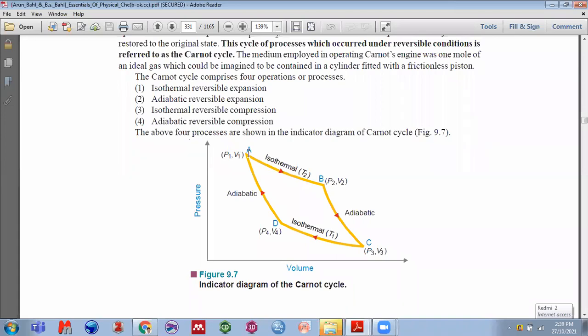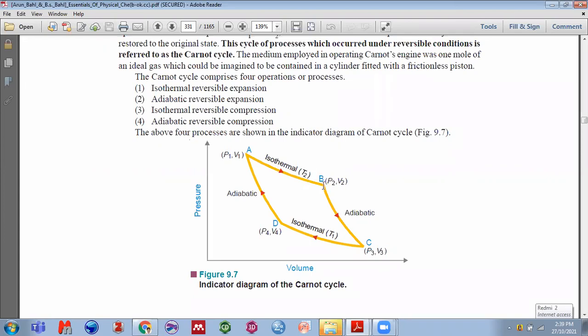This is in forward direction, A to B path. Here, temperature T2, that is taken as source. P1 V1 state to P2 V2. Isothermal, temperature remains same, T2.